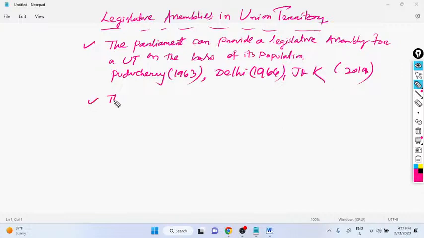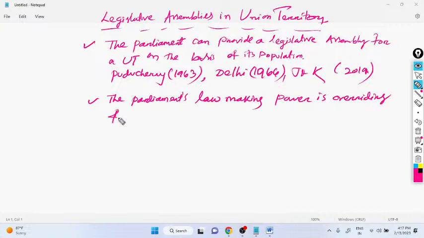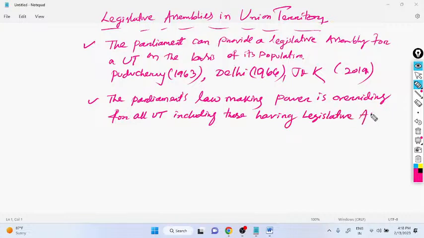The Parliament's law-making power is overriding for all UTs, including those having legislative assemblies.